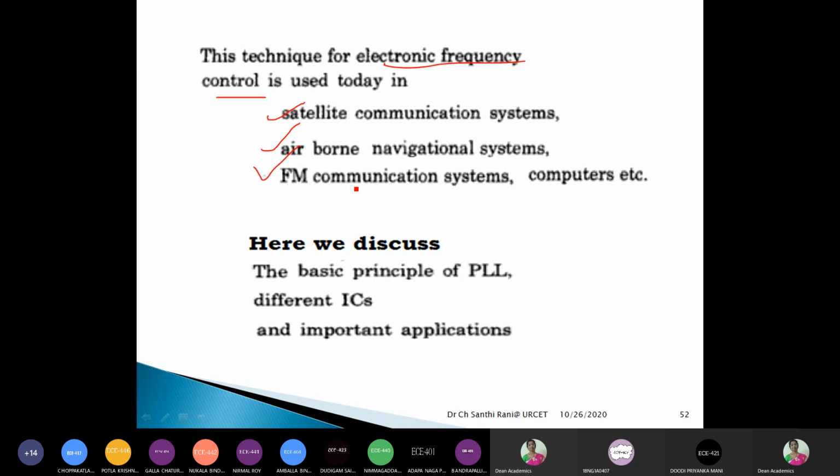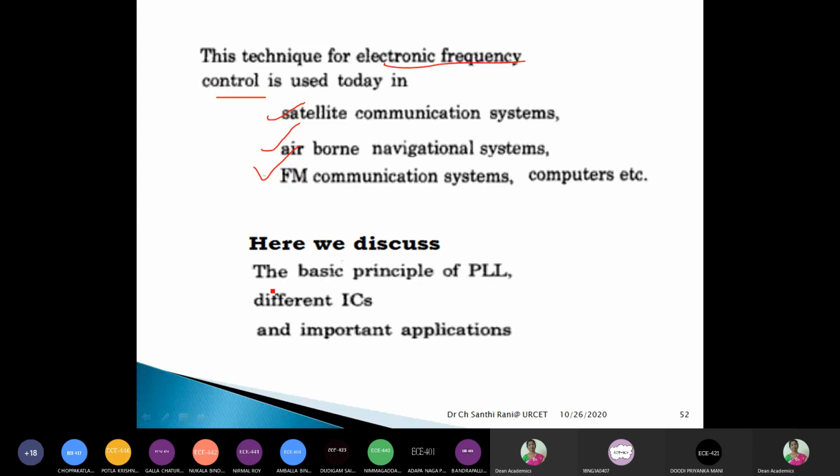Other applications include frequency modulation, FM stereo decoders, motor speed controls, tracking filters, FM demodulators, frequency shift keying (FSK) decoders, and TV or FM tuners. These PLLs are used in several applications.